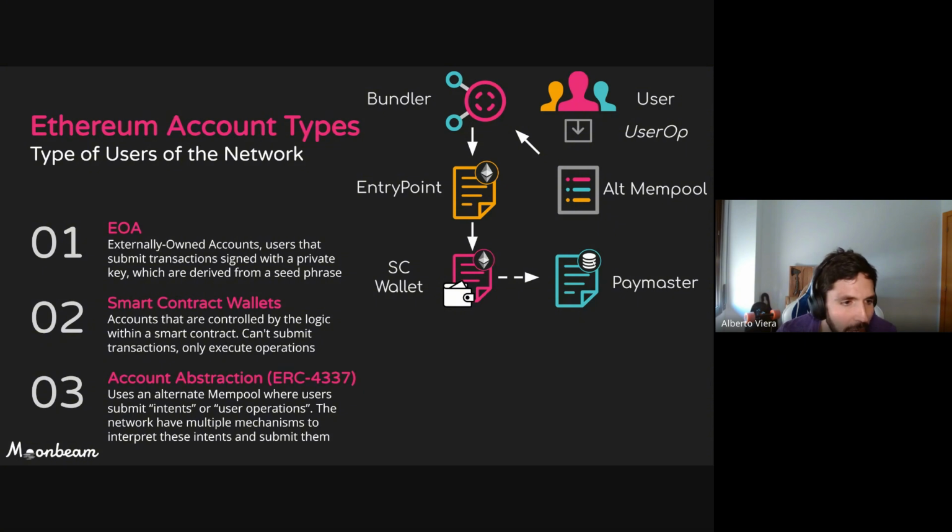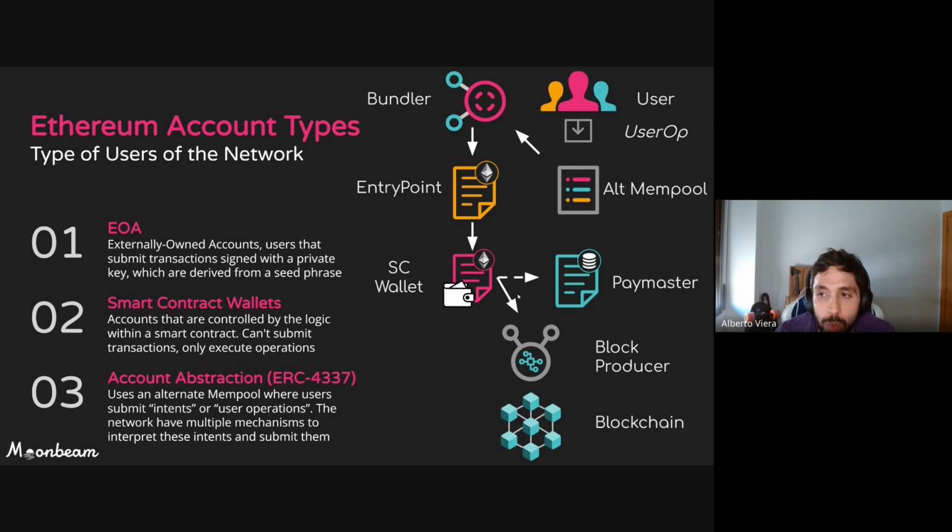Like there's a team, Glimmer Apes. I think I saw Marin here using something similar, but a little bit simpler to sponsor transactions on behalf of users. And then the smart contract wallet doesn't submit the transaction to the block producer, because that's the bundler, but through the smart contract wallet, the block producer introduces the transaction into the blockchain, okay?